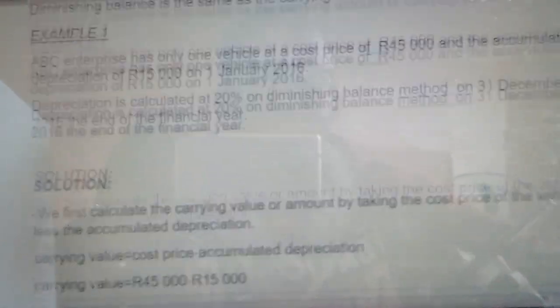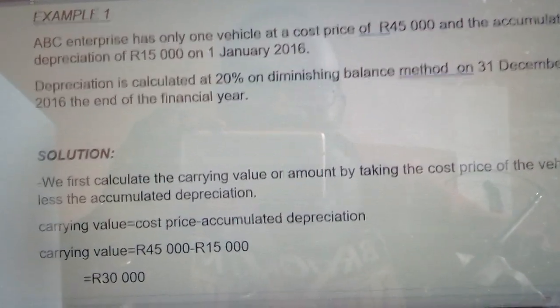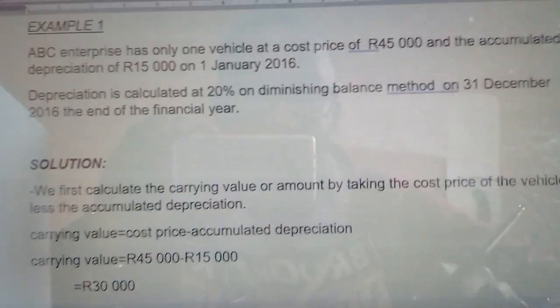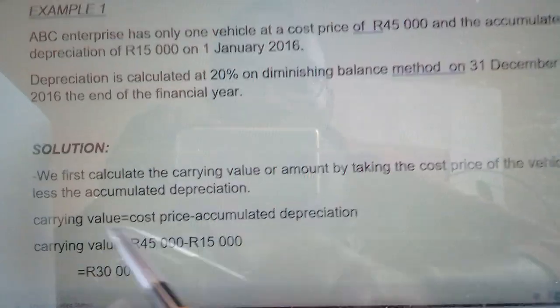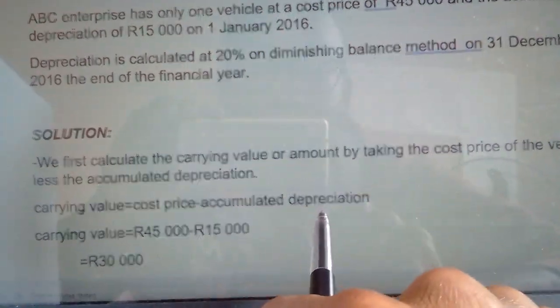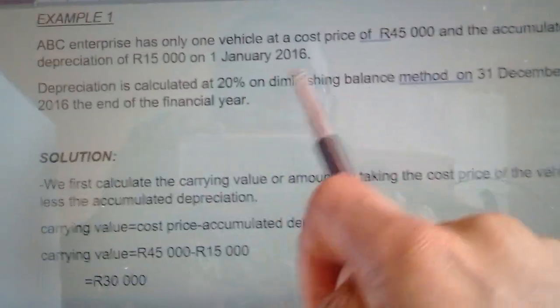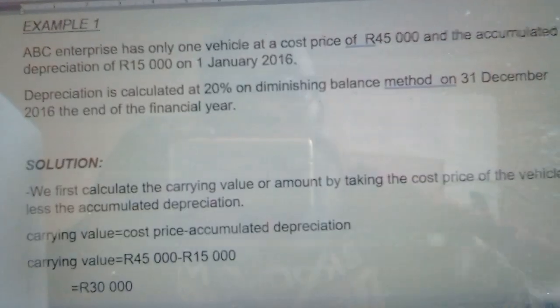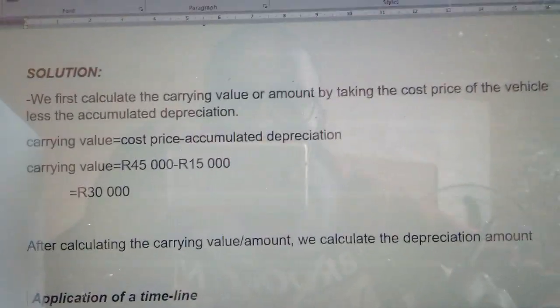First, we calculate the carrying amount of the asset. The formula is carrying value equals cost minus accumulated depreciation. Our cost is 45,000 and accumulated depreciation is 15,000. It means our carrying value is 30,000.